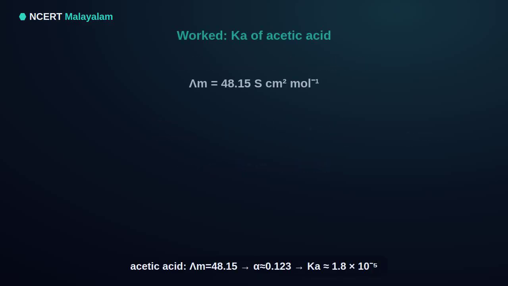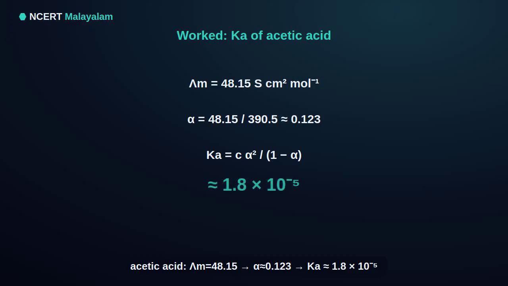An example. From the conductivity of acetic acid, its molar conductivity was found to be 48.15. Alpha equals the molar conductivity divided by the limiting molar conductivity, that is 48.15 divided by 390.5, about 0.123. Putting this into the equation, K comes to about 1.8 times 10 to the minus 5.